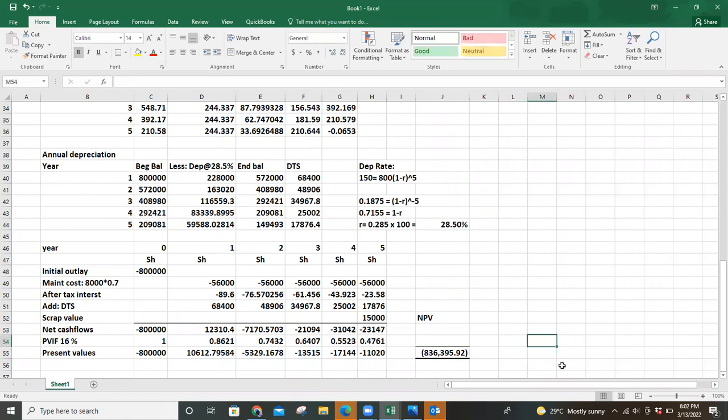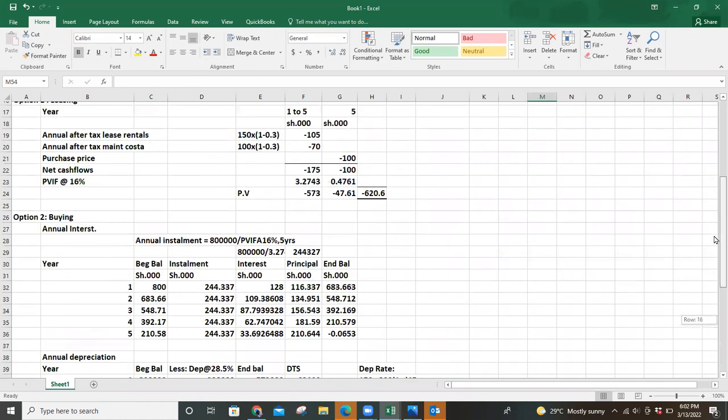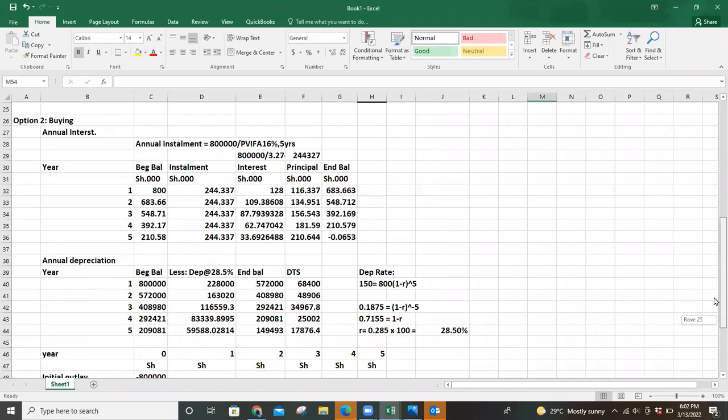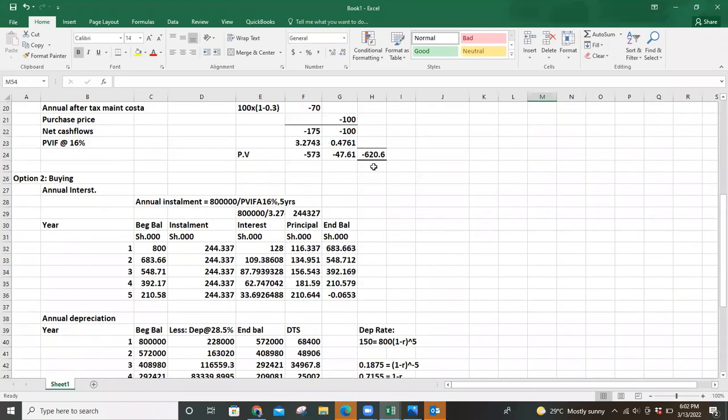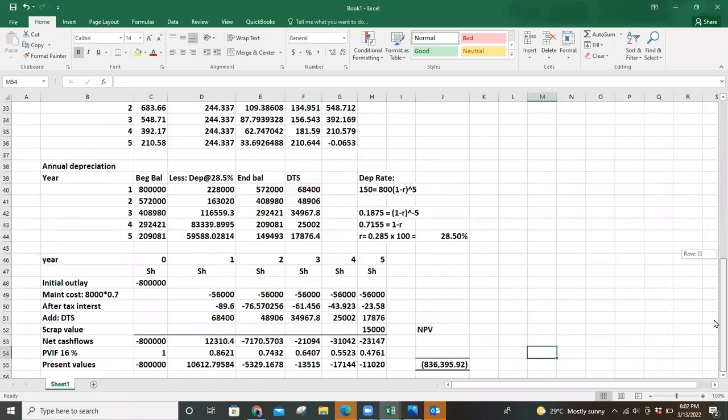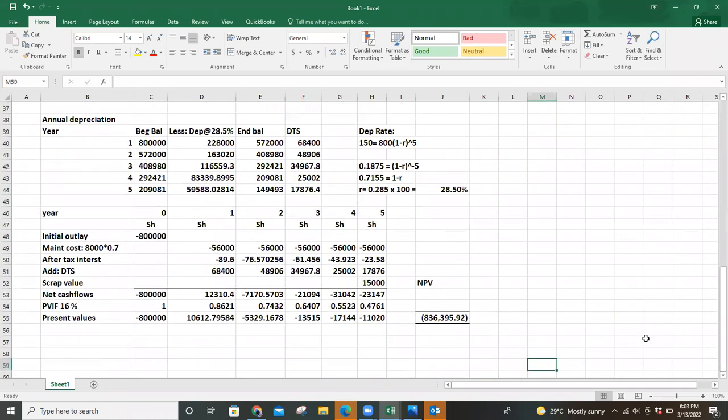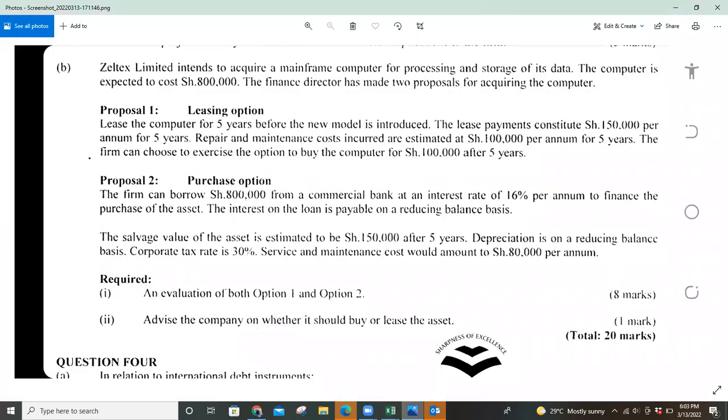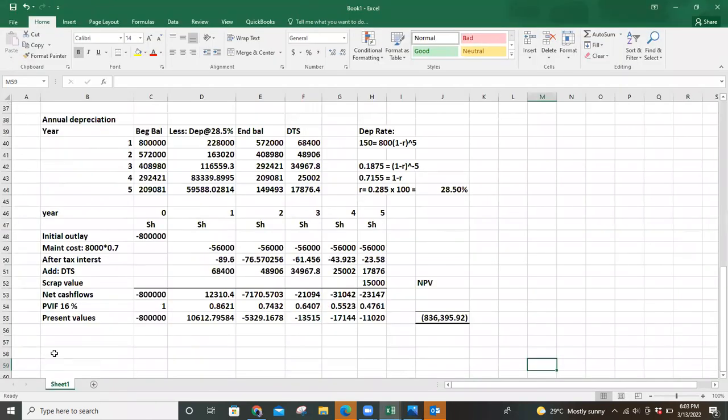is around 832,000. The NPV of leasing was negative 620,000. When we lease, it's a net cost of negative 620, and when we buy, a net cost of negative 836. And that's why in part you are being asked to advise the company on whether it should buy or lease the asset.